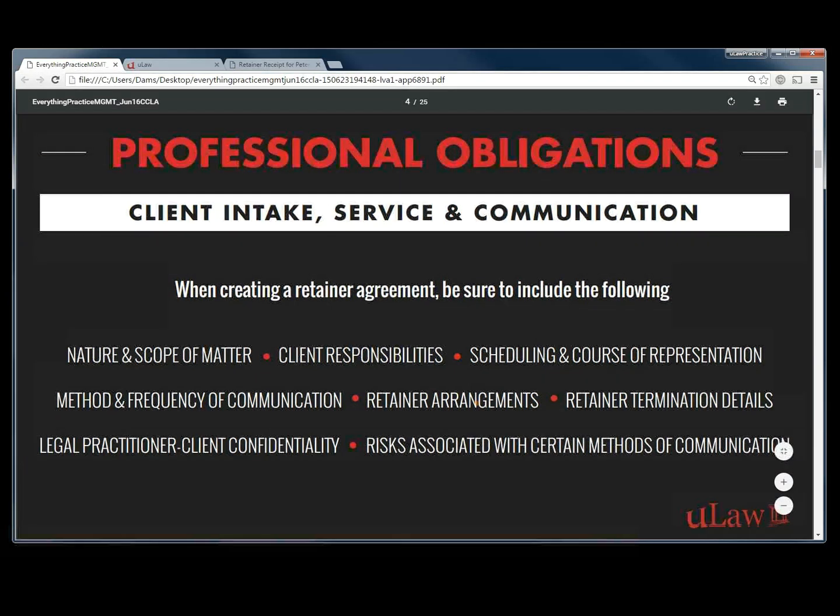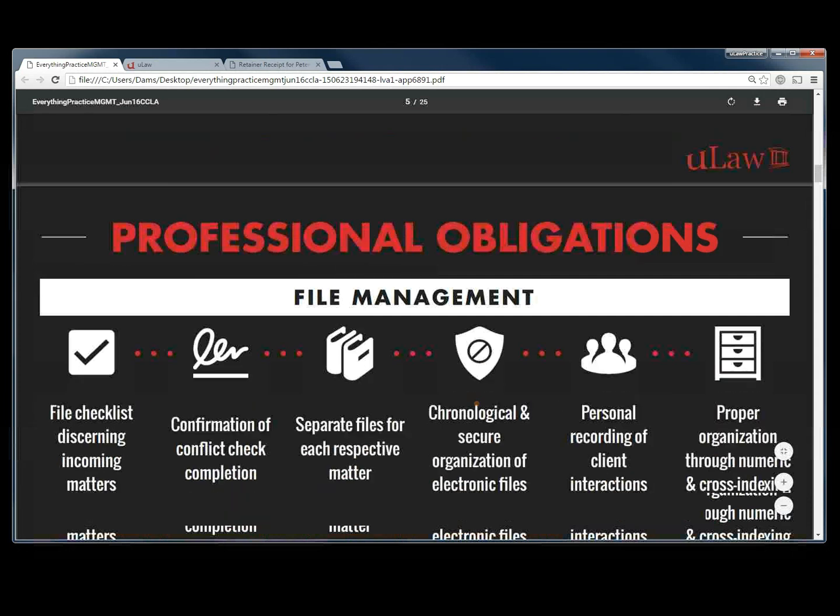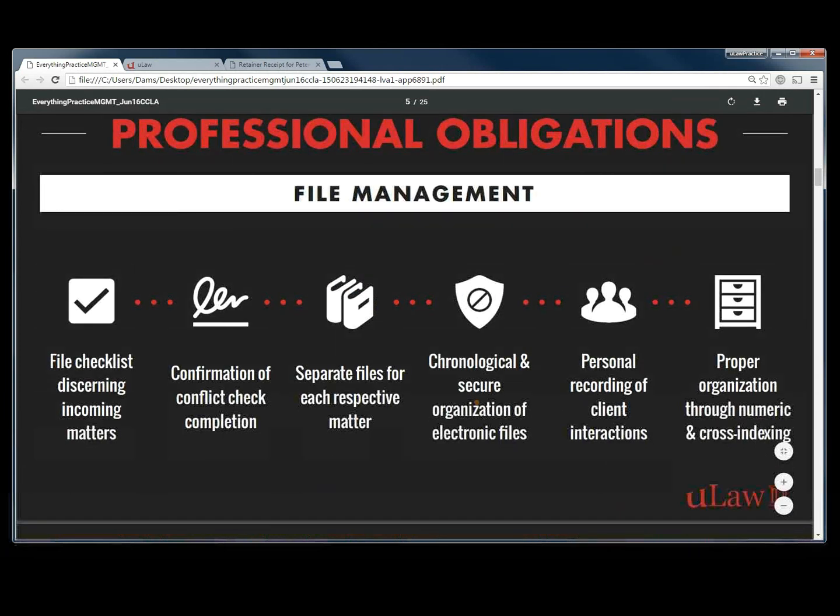Moving on to our next subject, which is basically file management. Now, file management is very critical to a practice, basically because you want to be very organized, not just for efficiency in your practice, but also for accounting reasons. The more organized you are in terms of what you're doing in the matter, dockets in the matter, and expenses in the matter, the easier it will be to invoice the client, recognize the revenue, and also have all your proper documentation.